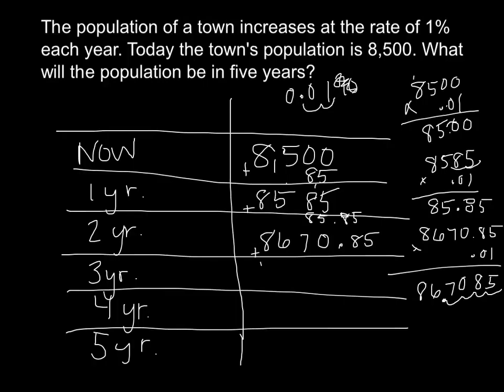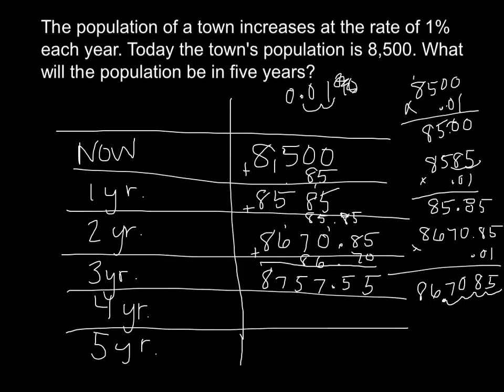I'm going to round to the hundredth place. Let's say that correctly there, Mrs. Hamer. 86.70. So I'd get a 5. 8 plus 7 is 15. Bring down my decimal. 7, 15, 7, 8.